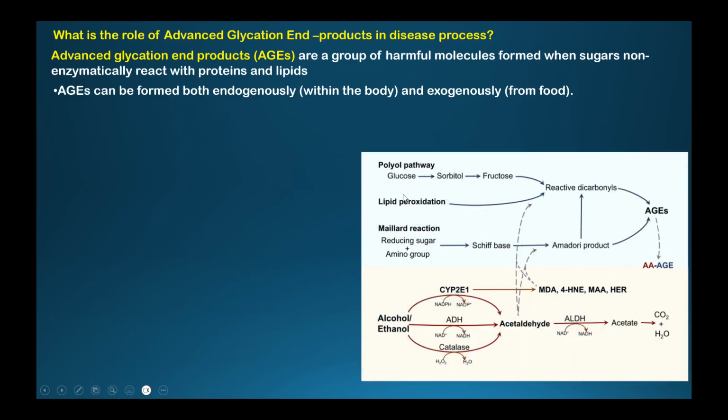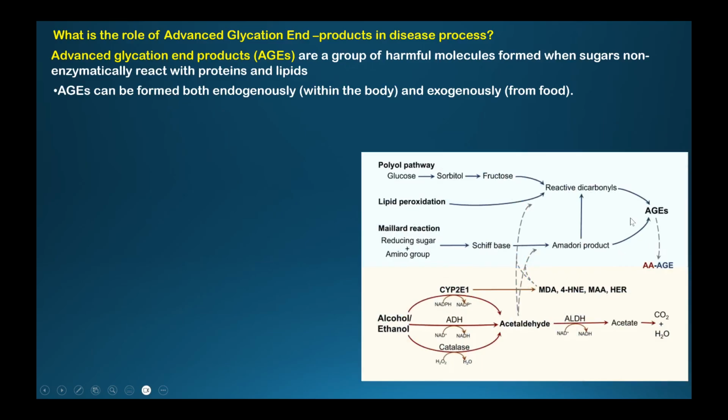So there is the polyol pathway, where glucose is converted into other types of sugars, which also go into reactive carbonyls and lipid peroxidation. There is a reaction called the Maillard reaction, where a reducing sugar and an amino group form what is called the Schiff base and then the Amadori product.